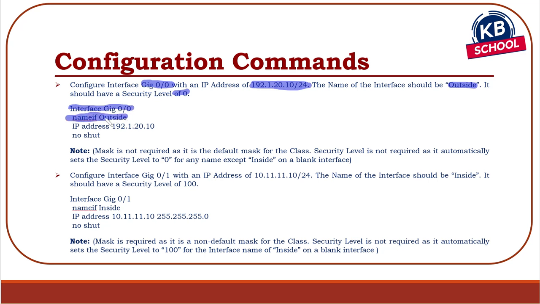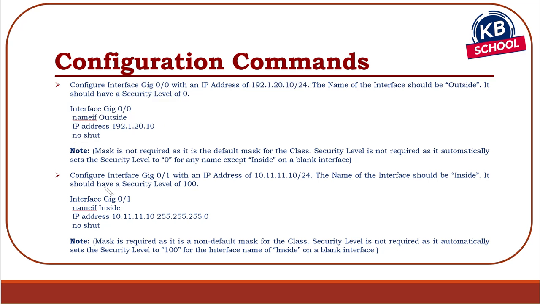As soon as I do that, it automatically sets the security level to 0. Remember what I told you, the default security level is 0. And for the IP address, notice I did not put the mask in. It's going to take the default mask of class C, which is /24. Don't forget the no shut. Just like a router interface, the interface on an ASA firewall is also shut down by default.